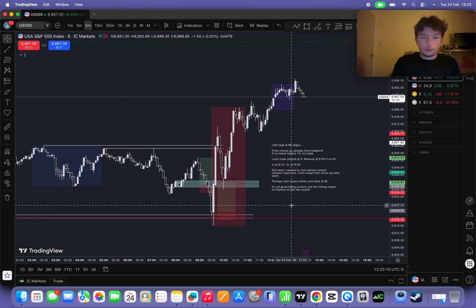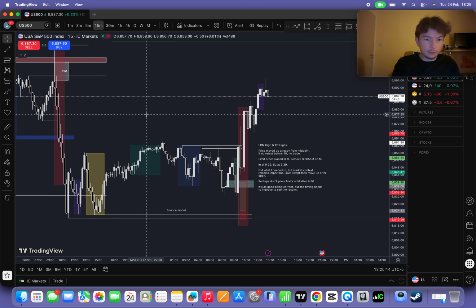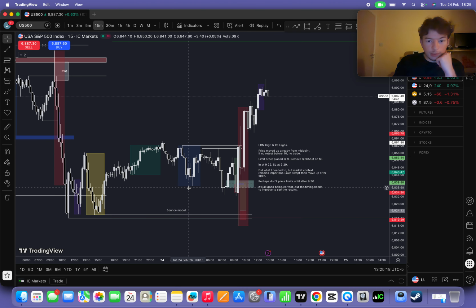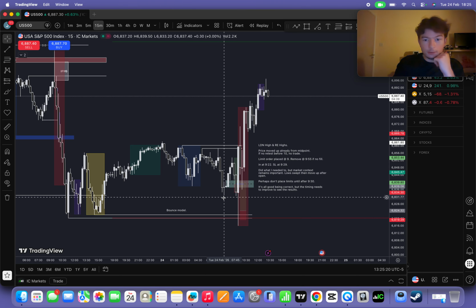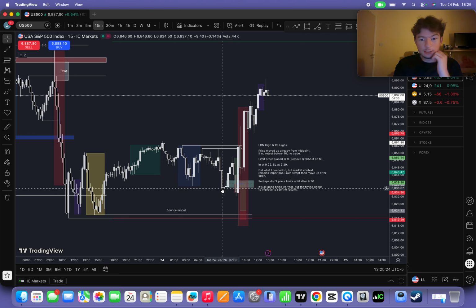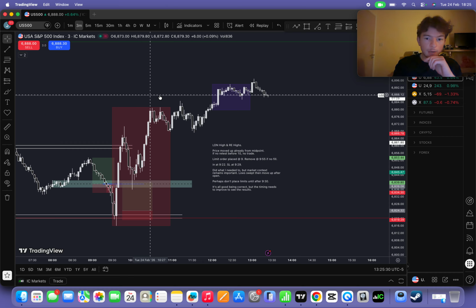That was pretty much the main stuff that I was looking at in terms of the draws. Price swept the London low here as well, so that was another reason for my bullish bias, especially because we broke out bullish here and then traded back down.